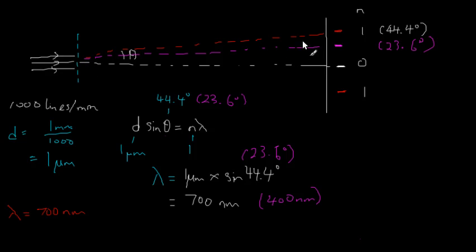Now what about the first fringe? What about here? Well, if you're talking about sunlight, we have the colors of the rainbow, all the way from red to violet. We already know the position of the fringe if we have just red light, and we know the position of this first fringe if we have just violet light.